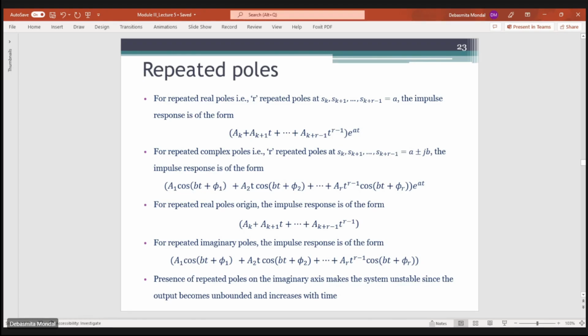Even if you have a single pole on the imaginary axis, your system becomes marginally stable. But the moment you have repeated poles on the imaginary axis, your system no longer remains marginally stable. It directly goes into the unstable region and the output becomes unbounded and increases with time.